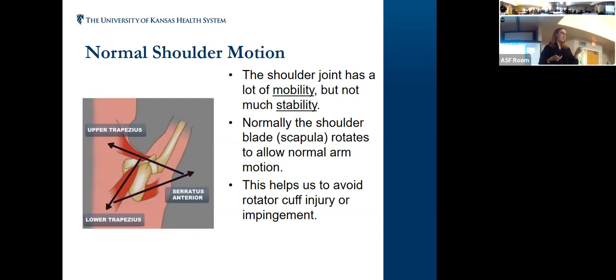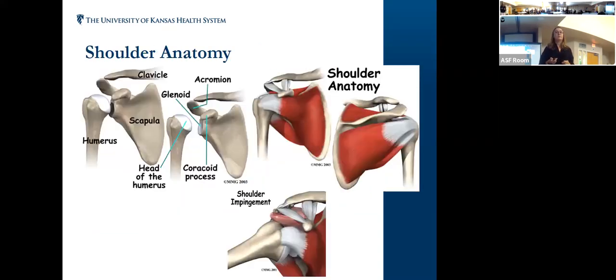And how that happens is your muscles contract and turn your shoulder blade. And so on your intact side, your shoulder blade is helping your arm and your rotator cuff muscles move so that you don't injure those rotator cuff muscles or have rotator cuff injury or impingement, which is another medical term for a rotator cuff injury. So that is what normally happens.